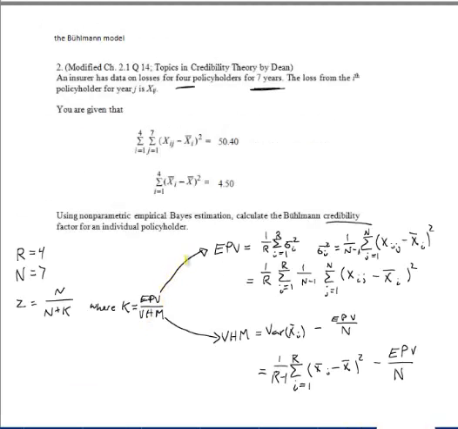So then let's go ahead and write out what EPV is. Okay, so EPV comes out up here. EPV, remember, is just the average of the variances, and our variances are simply each risk minus the average of that risk, squared, divided by the number of periods for each of those risks minus 1.